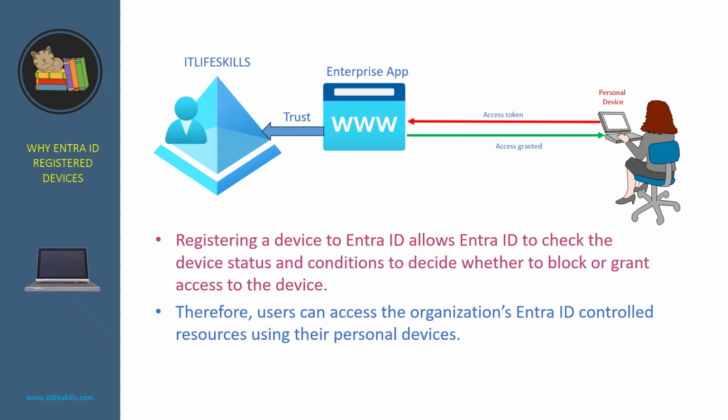Registering a device to Entra ID allows Entra ID to check the device status and conditions to decide whether to block or grant access to the device. Therefore, users can access the organization's Entra ID controlled resources using their personal devices.